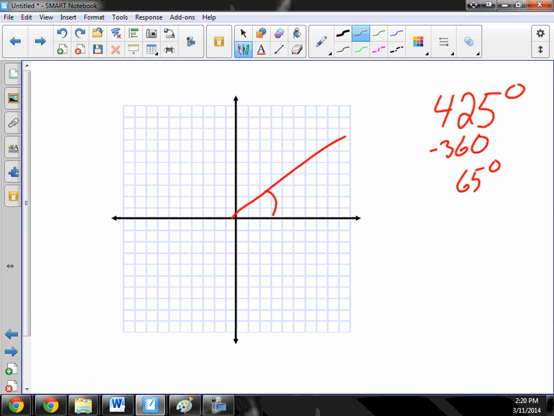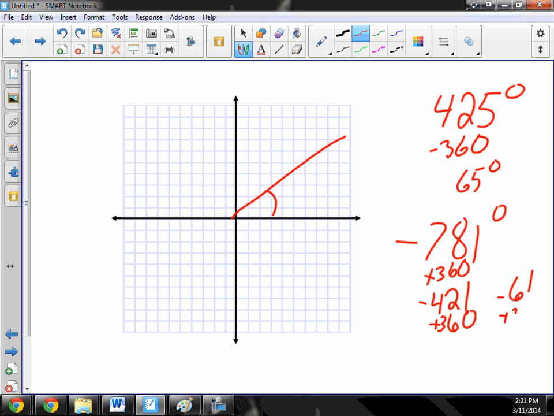Okay? What about negative 781 degrees? So we add 360, and we get, what is negative 781 plus 360? Negative 421. And then we would add 360 again, negative 61.